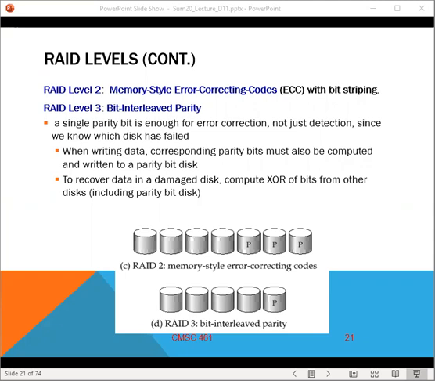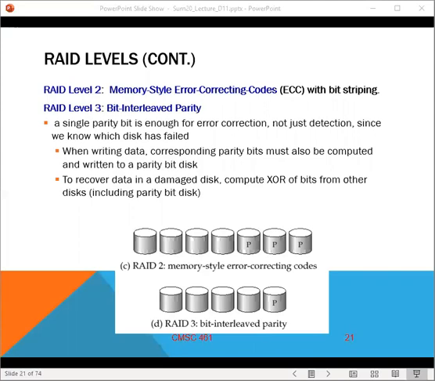So level 2 and 3 arrays do provide true parallel access in the sense that typically a byte is written to each of the disks in parallel. The difference between levels 2 and 3 is that level 2 uses a Hamming code to provide error detection and correction, whereas level 3 provides only a simple parity bit error detecting code.